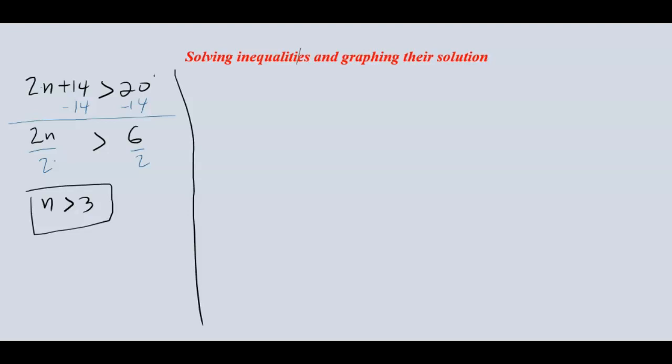So let's do another example. Let's say we have 4x plus 10 less than 2x plus 14.